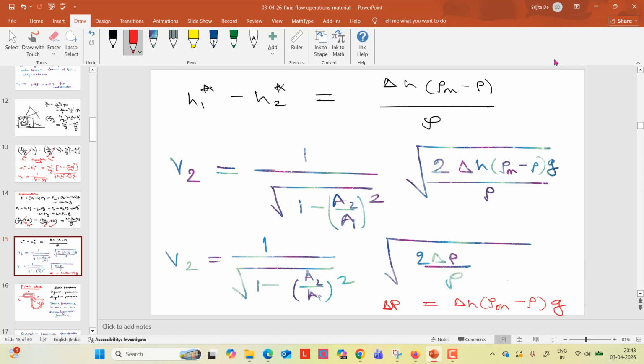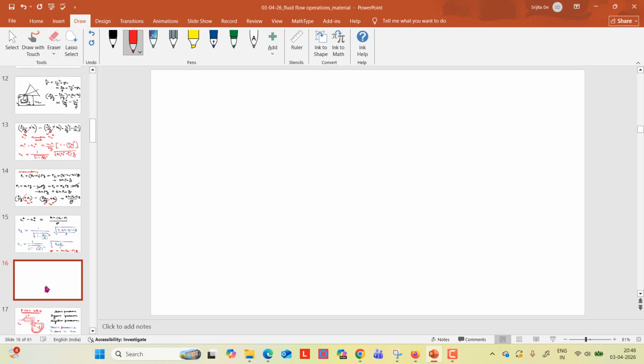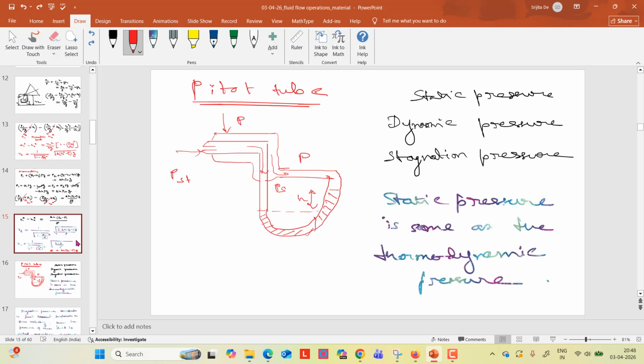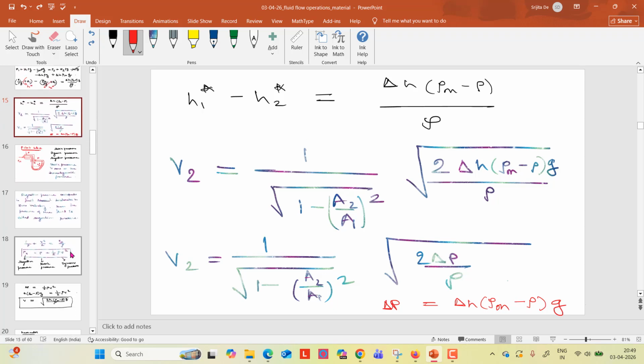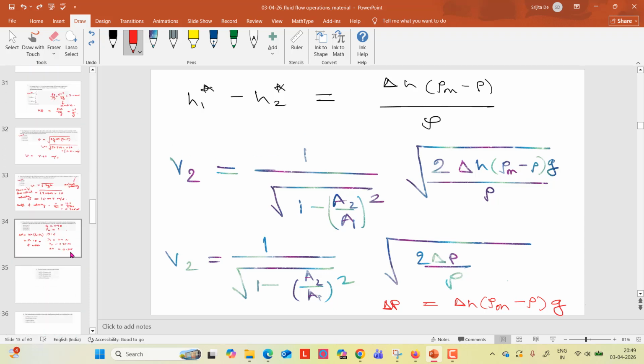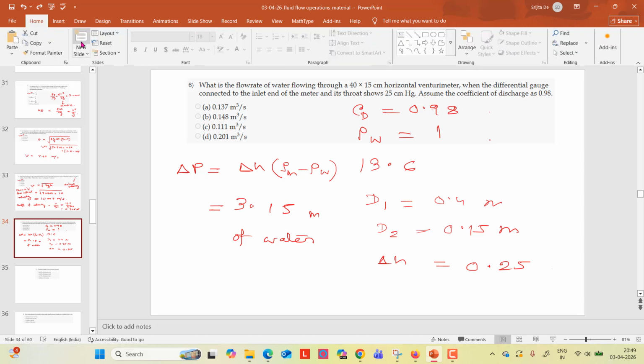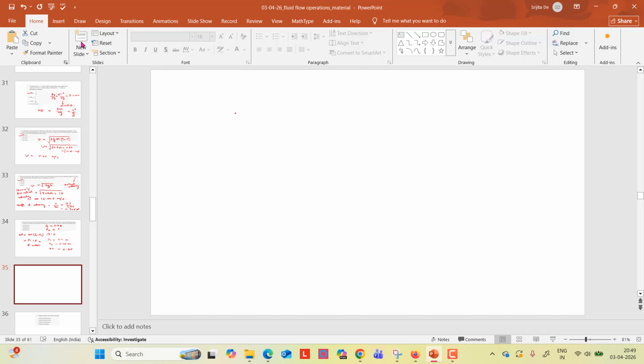So now we can calculate A1, A2 first. Next we'll calculate A1, the inlet, which is pi by 4 d1 square.